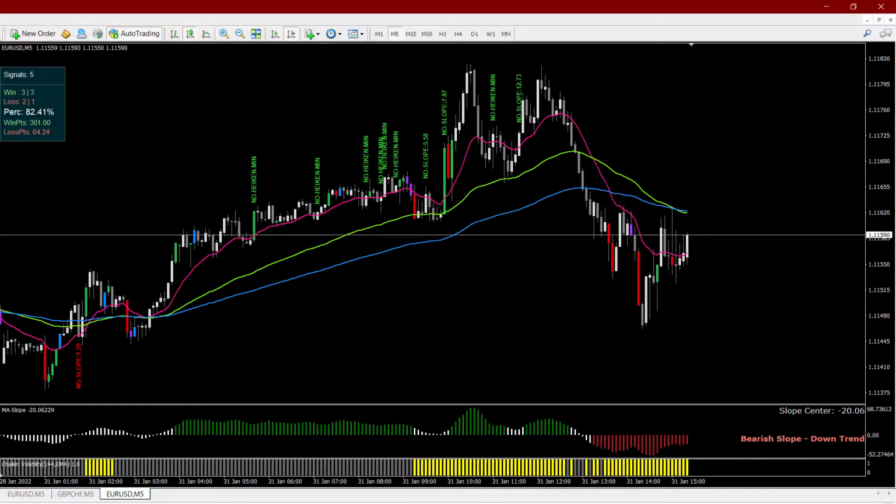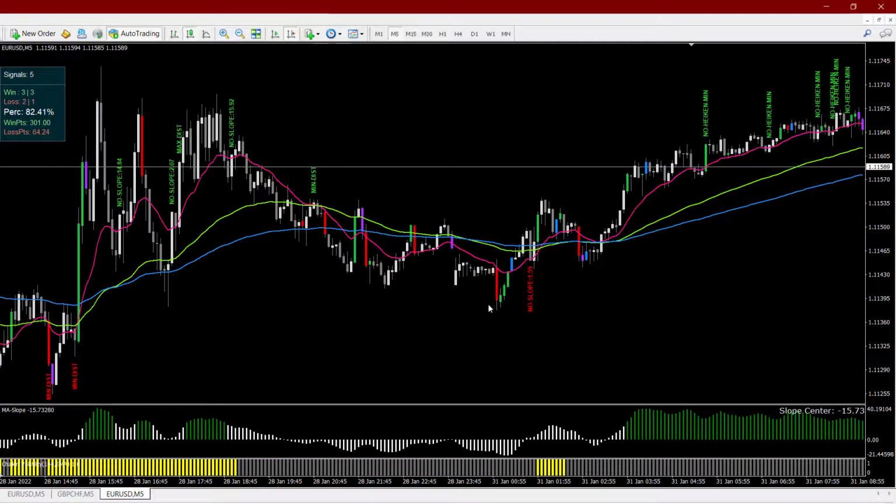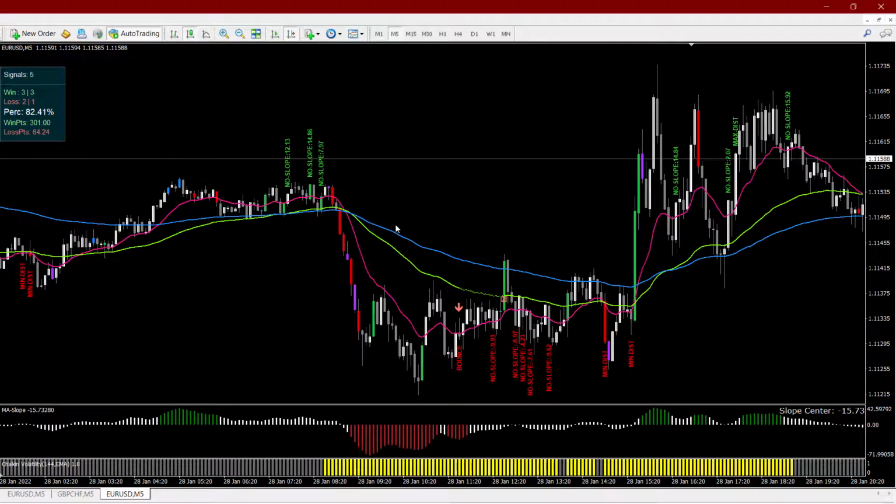So for buy signals, it will check that the fastest is on top, the medium is in the middle, and the slowest is at the bottom. So this indicates an uptrend. And the same way for a downtrend, it will check that the fastest is below, the medium is once again in the middle, and the slowest is on top.